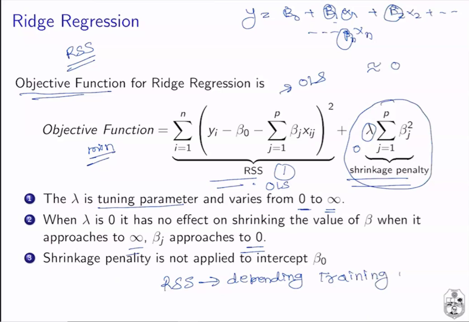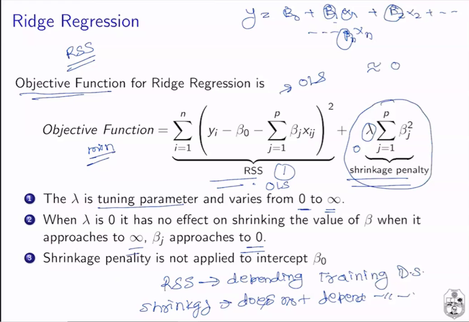And the second term, that is the shrinkage penalty, does not depend on the training dataset.